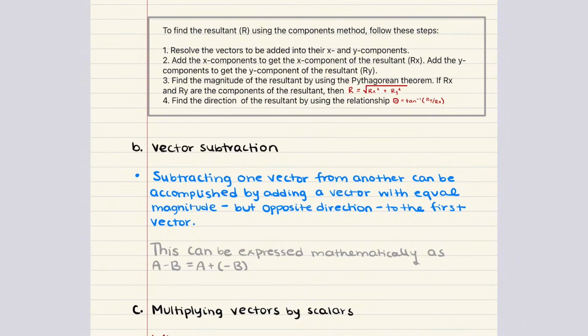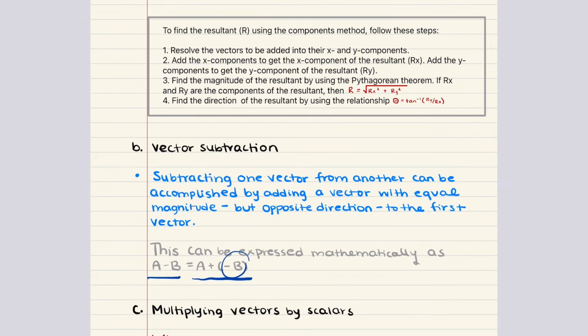Vector subtraction can be thought of as adding the opposite or negative of a vector. Specifically, subtracting one vector from another is equivalent to adding the first vector to the negative of the second vector. And this can be expressed mathematically. We can say that vector A minus vector B is the same as saying vector A plus the negative of vector B.